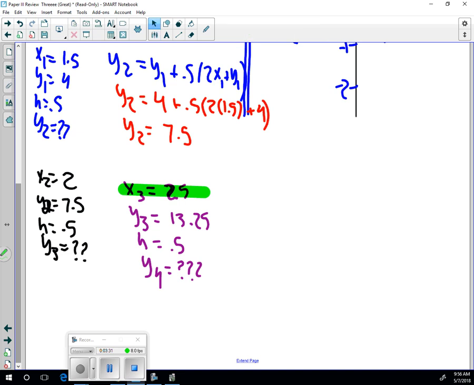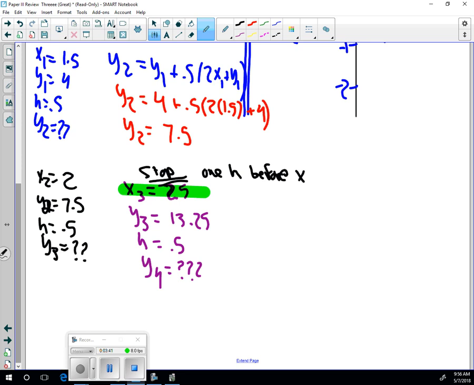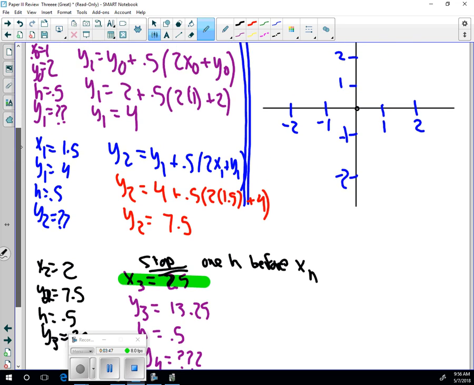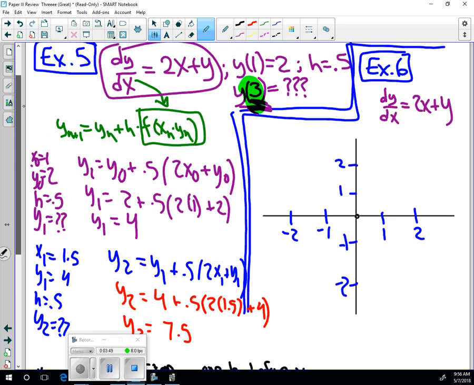So this is very important that you know when to stop. It's 1 h before x event. And I think that's the only tricky part of this. The formula is easy. It's probably even in there.